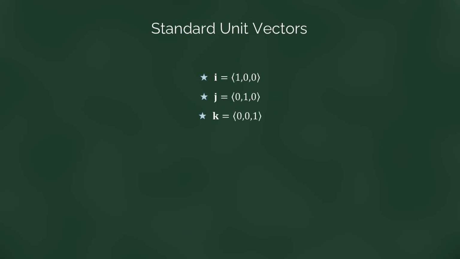We can look at a slightly different way of representing any given vector by using the idea of standard unit vectors. We have three of those, the vector i, the vector j, and the vector k. i is the vector 1, 0, 0, which means it is a vector of length 1 that extends only in the direction of the x-axis. j is the vector 0, 1, 0, which also has length 1 and extends only in the direction of the y-axis. k then is the vector 0, 0, 1, still of length 1, which is why it's a unit vector, and extending only in the direction of the z-axis.